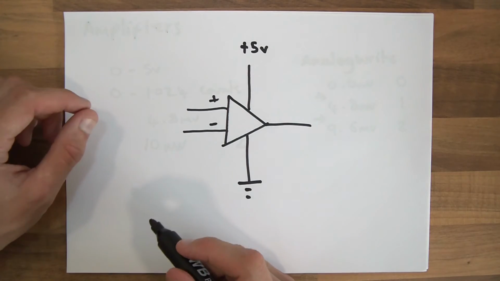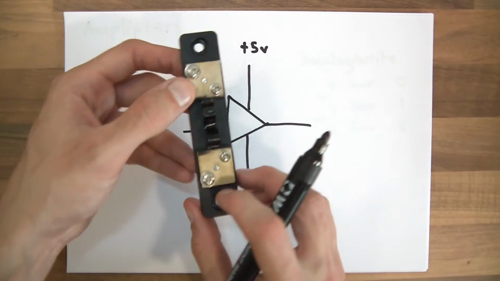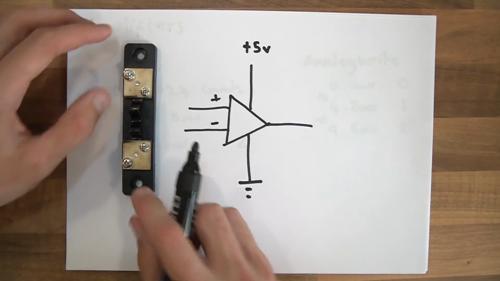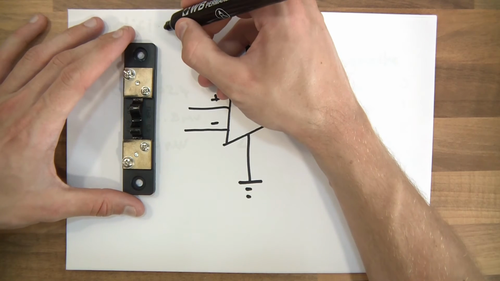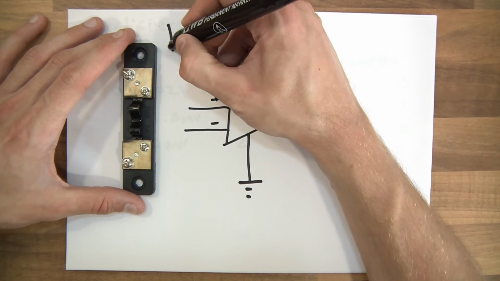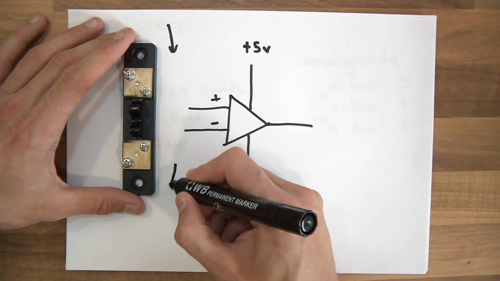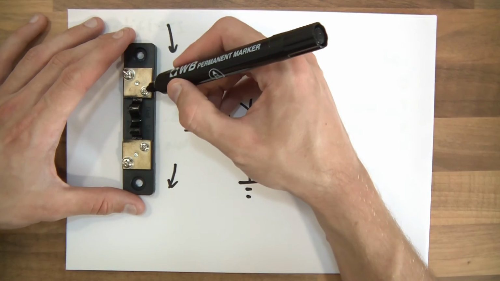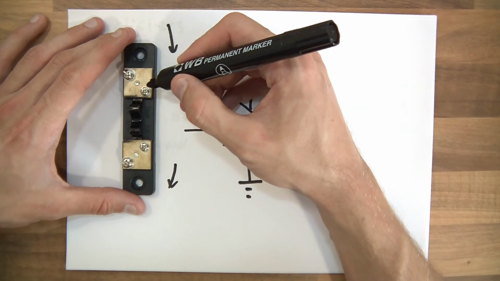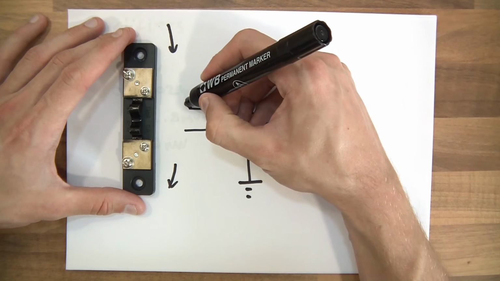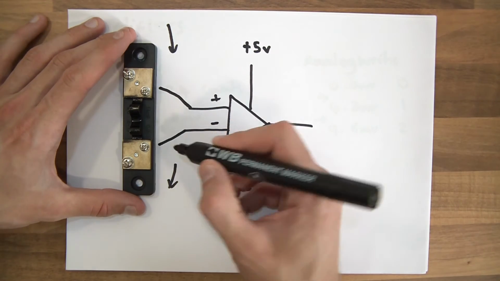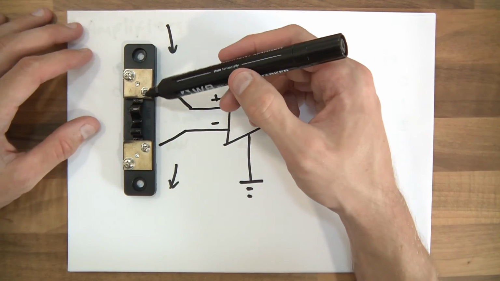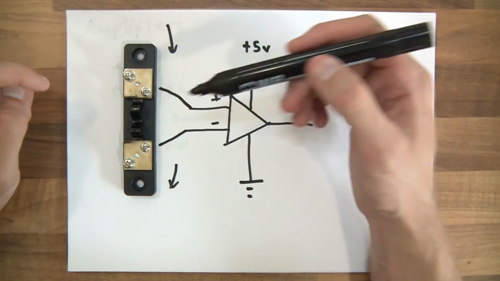So if we were to get our shunt resistor here, and we'll just put that there, let's say the current's flowing this way. It's a DC circuit and the current's flowing this way. So this little screw here, I'm going to connect that to the plus, and I'm going to connect this one to the negative. So we've got our voltage drop here, which is, let's just say it's 75 millivolts.